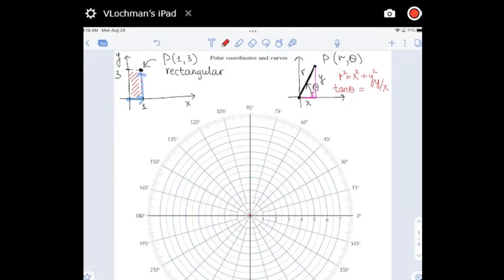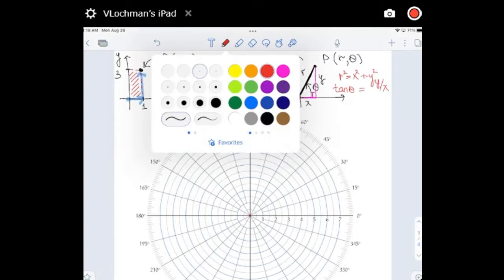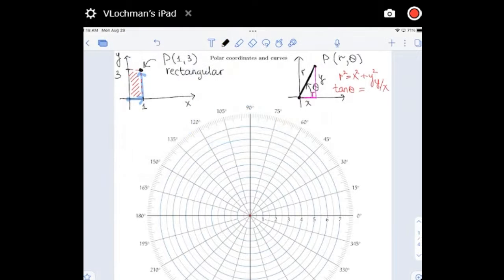So what else can we say from here? Okay, let's talk about sine and cosine of this angle. Okay, if I wanted to find sine of theta, okay, sine of theta is opposite over hypotenuse, right? So this is y over r.